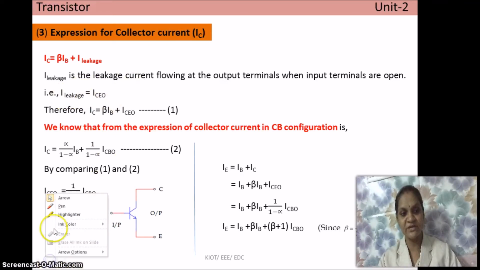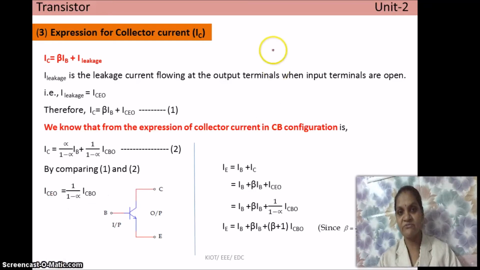This is the configuration we are discussing: common emitter. So this is the base, this is the collector, and this is the emitter. Where does the leakage current flow? The collector base junction is always reverse biased, and in a reverse biased junction only leakage current flows. So the leakage current is the current flowing through the collector and base junction with the input open.